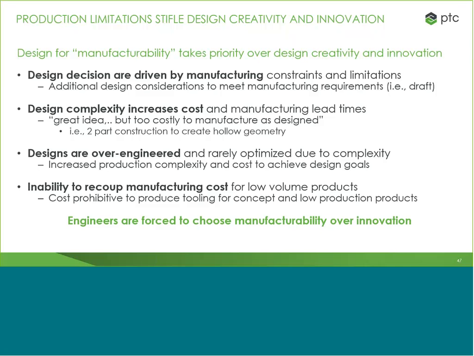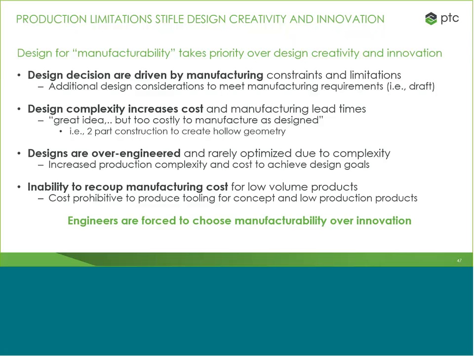An example of that would be the engineer who wants to make a strong part but yet make it lighter. So could I make a hollow part? I could. But then again, how do I manufacture it? Is it going to be a two-part construction? And if it's two-part construction, now how do I put the two parts together? Are they welded? Are they fastened? Again, it could be a great idea, but it costs too much to make.